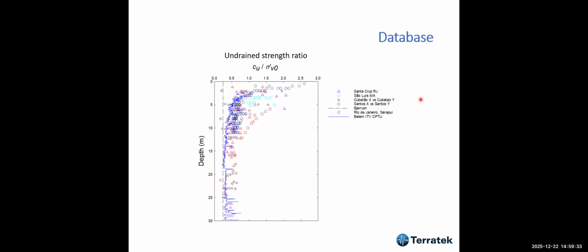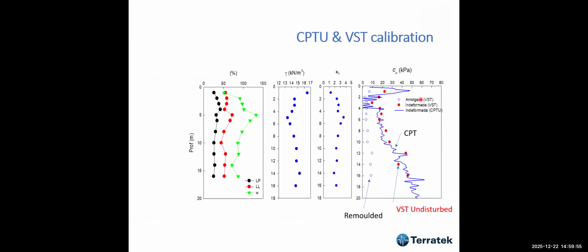Okay, then we developed a database. This database is from many sites I have worked on in the past, and I also have an undrained strength ratio database, which I can use on a new project to analyze and see if the data are reliable or not. The other thing that I learned to do is I always do a calibration of the CPT.